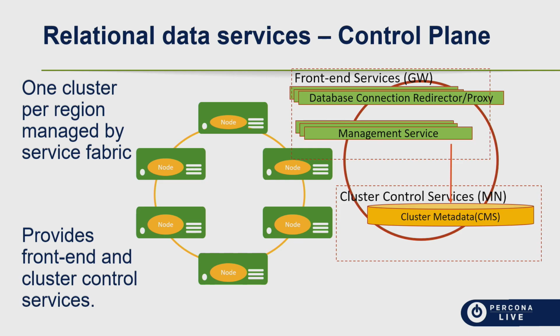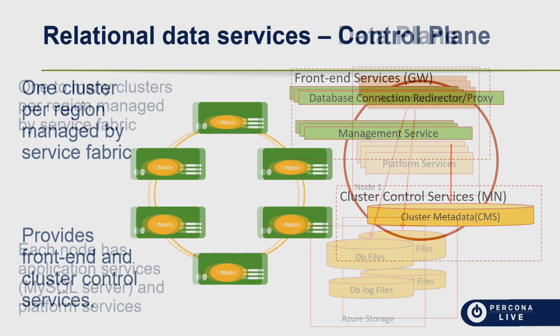But the front door will automatically redirect your traffic to another node. Hopefully your application just notices some connection disconnected, and when you try to connect again, everything just works. So this is the control plane's responsibility: handle the operation and act as the front door for the failover.